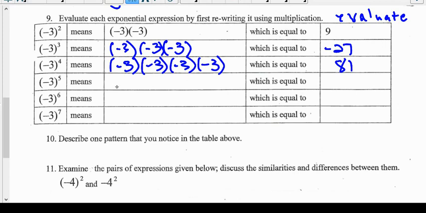I think you get the idea here. 5 factors of negative 3 is equal to negative 243. 6 factors would be equal to 729. 7 factors of negative 3.